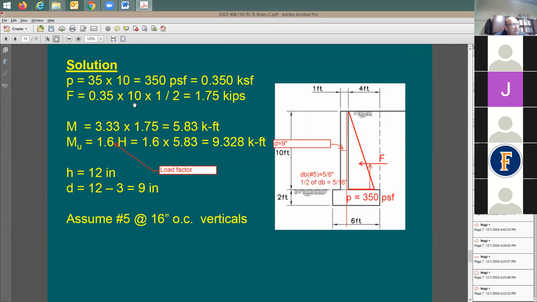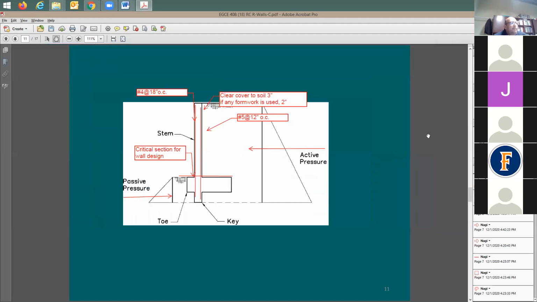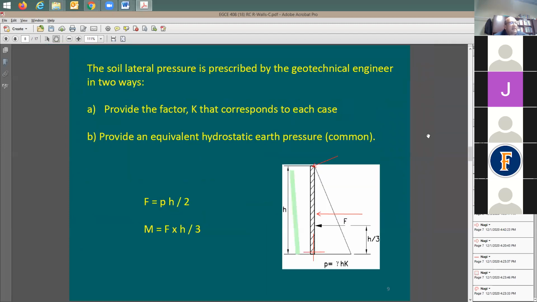And the height in this specific example is 10 feet. How much is the area of this triangle? How do you do the area of a triangle shape? One half the base times height. Okay, so you take 350, the base, times the height, divide by 2. Exactly what we do. Good question, thank you. It's exactly what I'm doing here.